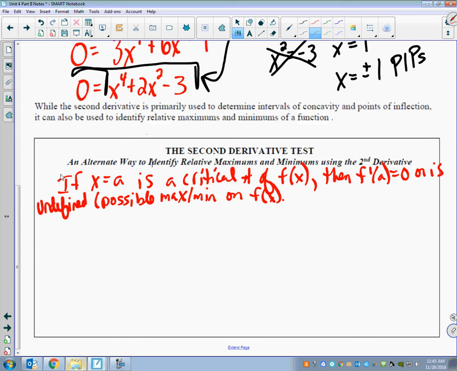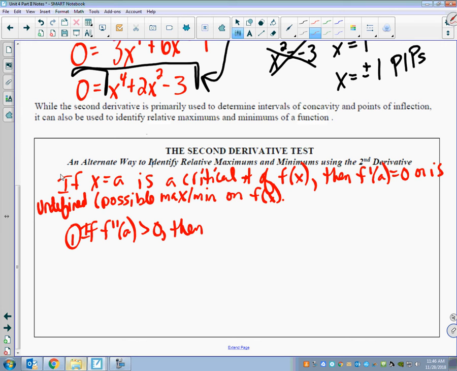line and we check to see if it makes the first derivative positive or negative. You can still do that. But also, if the second derivative is easy to find, you can say that if the second derivative of your critical number, so if f double prime of a is greater than 0, then what does that mean?